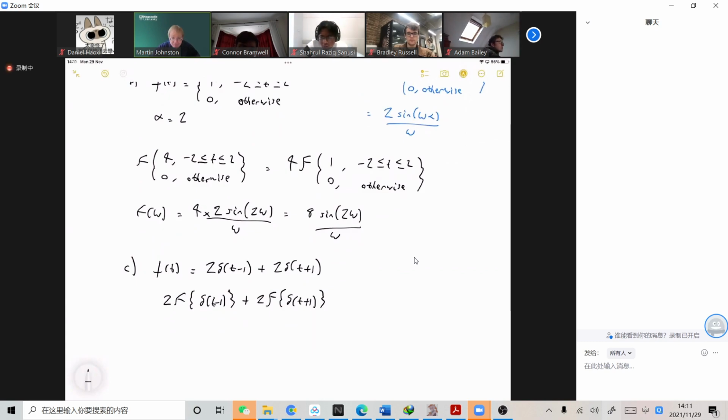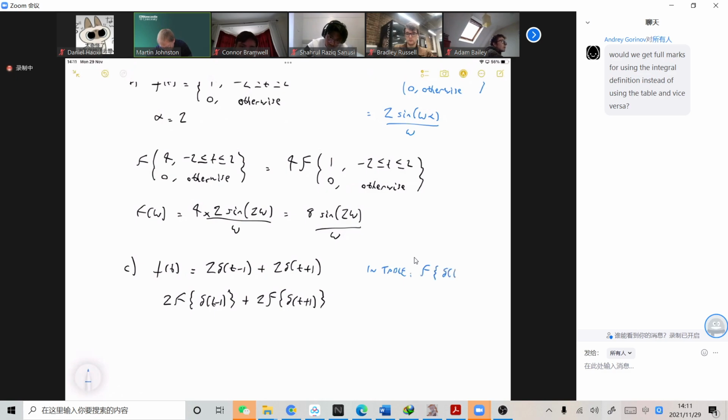Okay, and then let's go to the table. So if you look at the table, you'll see that the Fourier transform of a shifted delta function, so let's just write this down, is equal to e to the minus j omega a.